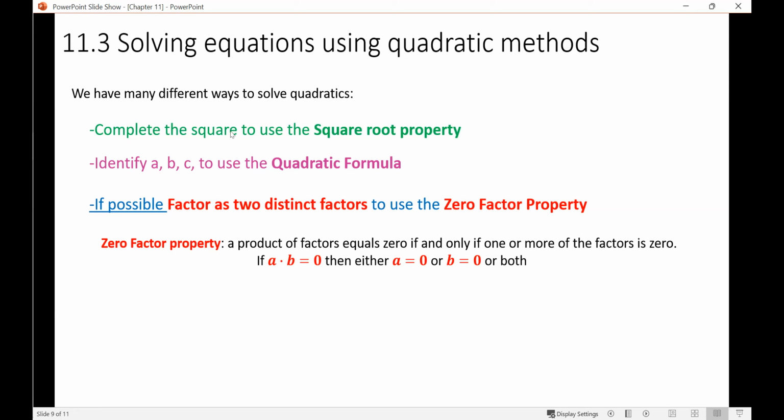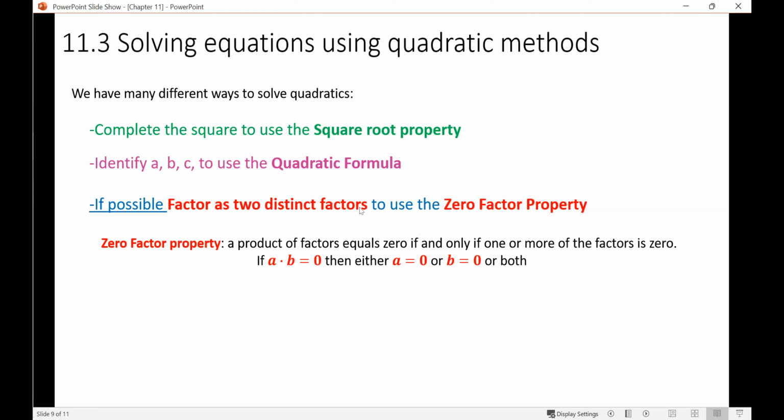So completing the square and using the square root property works for every quadratic. We can do that with any quadratic. Using the quadratic formula also works for every quadratic. But really, both of these techniques can be somewhat cumbersome.